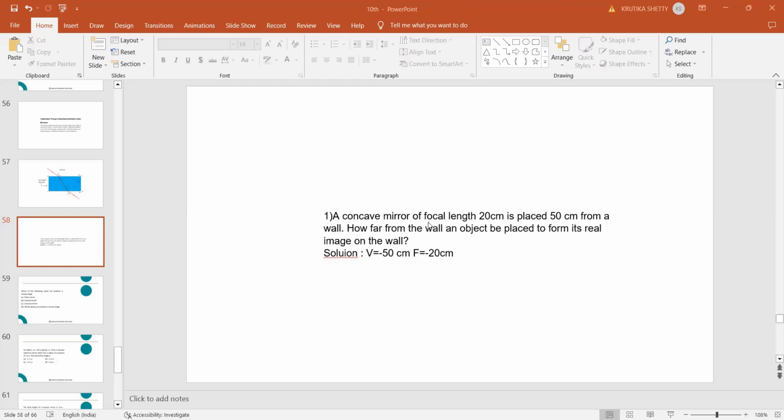See what they have given here: the focal length of a concave mirror, which is 20 centimeter. Then it is placed 50 centimeter from a wall, so the image distance is given.